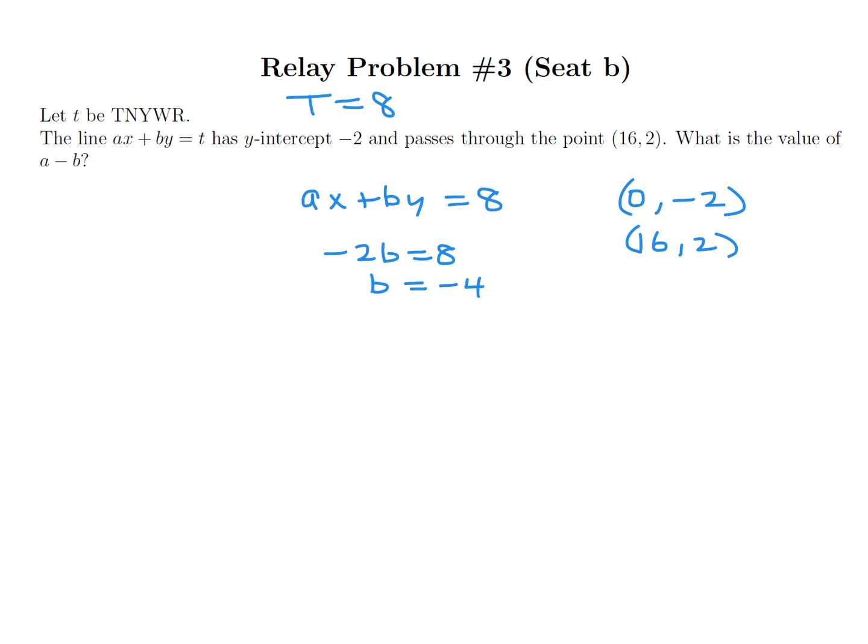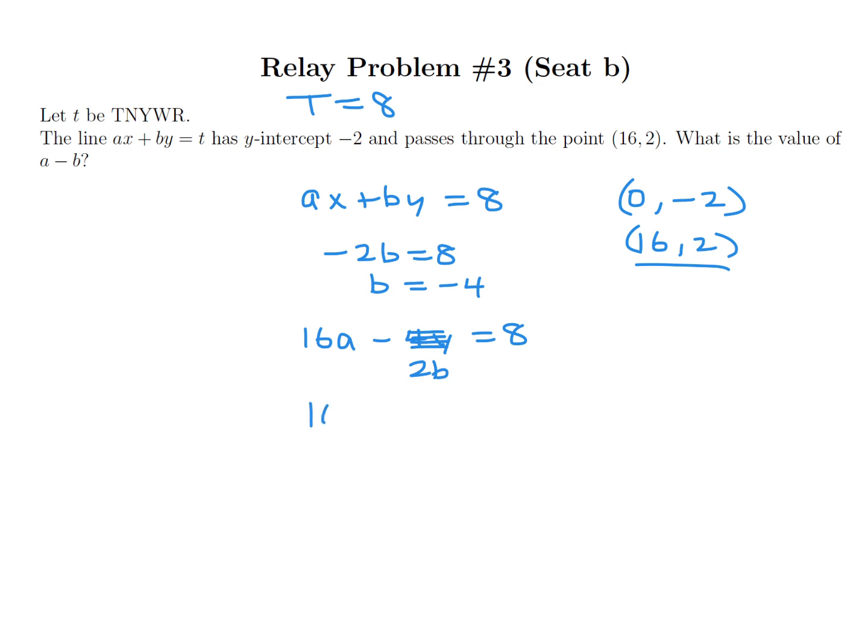Correct? Yeah. And then plug in this guy, so that'd be 16a minus 4y is 8. Then b, oh, sorry, 4. Hold on, let me think about this. What did I do here? 2b, that's what I meant to write.